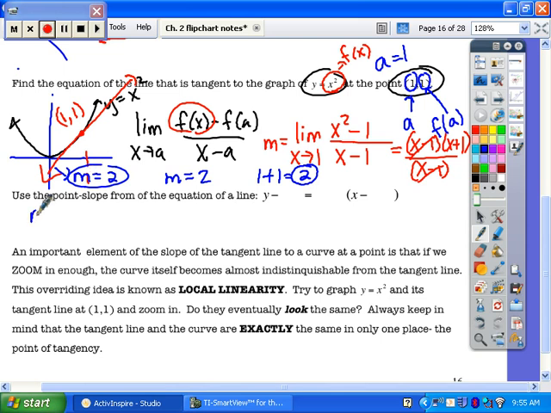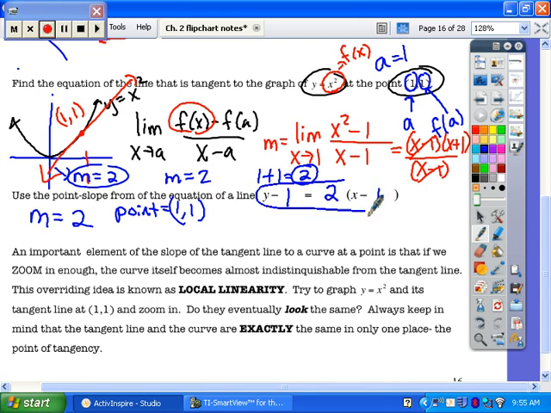So now, if I use the slope, which is 2, and I have a point, the point is 1, 1, and I want to write the equation of the tangent line, then all I do is I use the point-slope form of a line, and I plug in the appropriate numbers. So it's already set up for us. We do y minus what? 1 equals the slope, which is 2, times x minus 1.